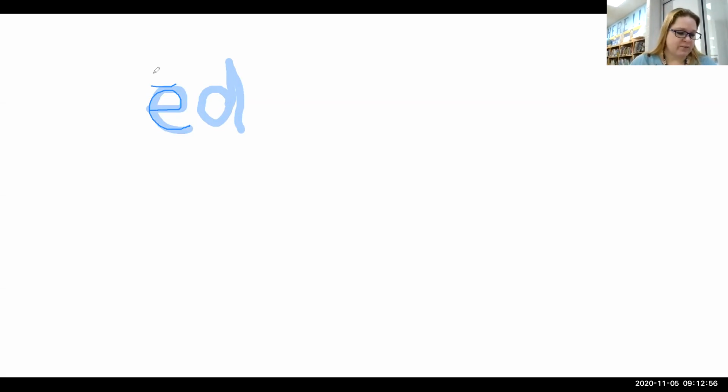Good. What is the vowel sound in eed? It is the E part. That's right. Okay, so we are going to add the sound sp in front of the eed. So what is my new word? Speed.